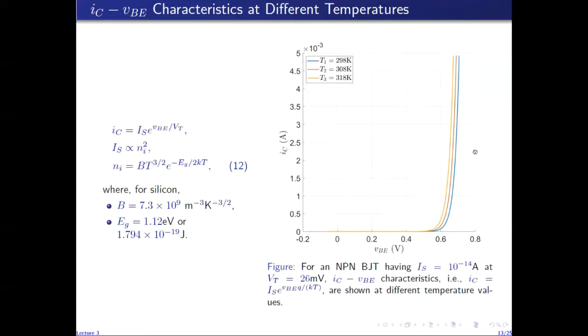As can be seen, when we increase the temperature, the IC-VBE characteristics move towards the left, in this direction. Or in other words, if we keep IC constant, then increasing the temperature decreases VBE. That is why the IC-VBE characteristics are shifted in this direction. So VBE at a constant IC decreases with increasing temperature.